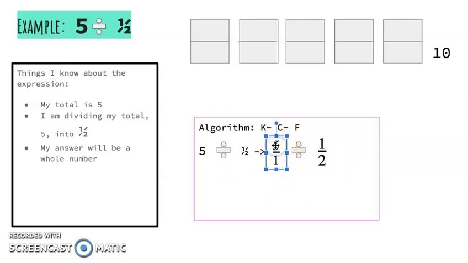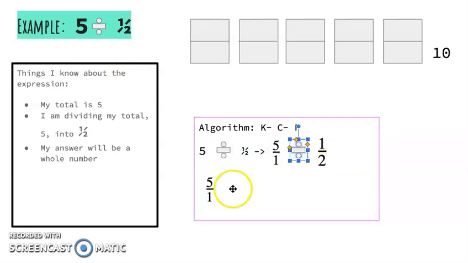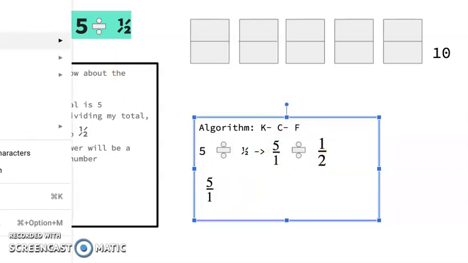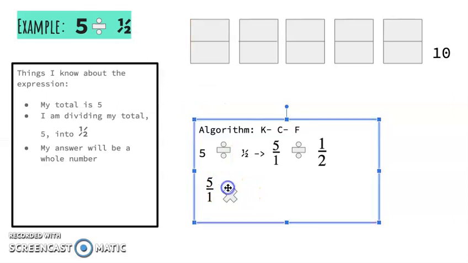So I'm keeping my first fraction, it's going to stay as 5 over 1. I'm changing my division sign into a multiplication sign. And my second fraction, I'm going to flip.